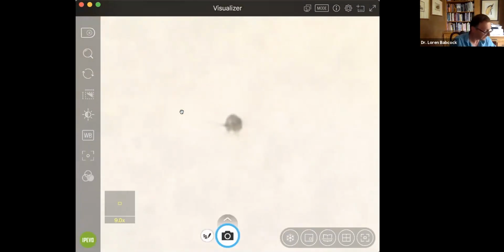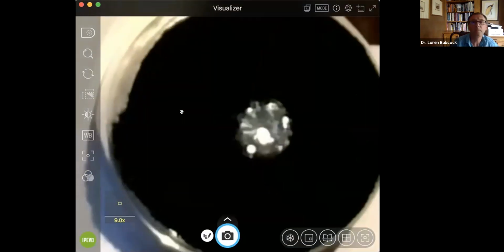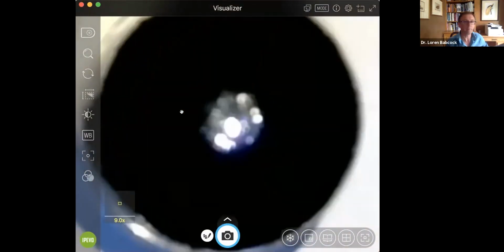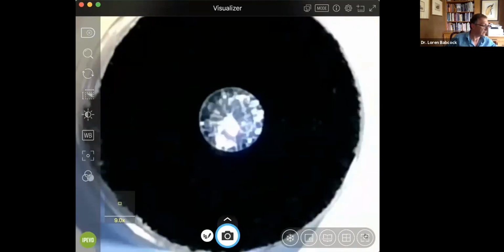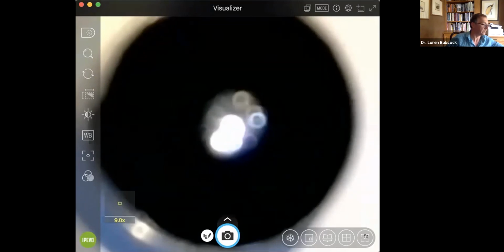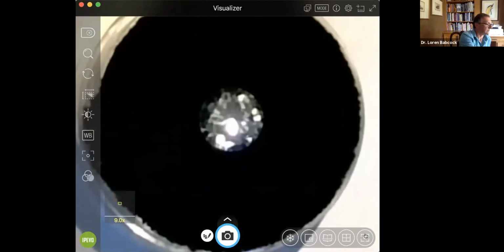I'm going to put another one up and do the same thing. And I think you can see it again. And this time it actually looks like there's more of it. Can you see the refraction? See the fire? This one's actually more fiery than the stone I showed previously.